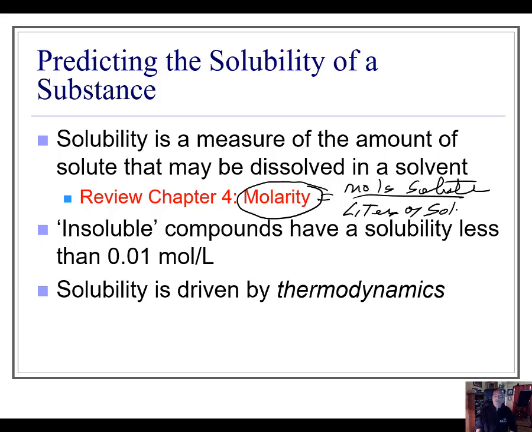You take the whole volume of the solution in liters, you divide moles of your solute by that liters of solution, and that gives you the most common unit of concentration we use, which is molarity.